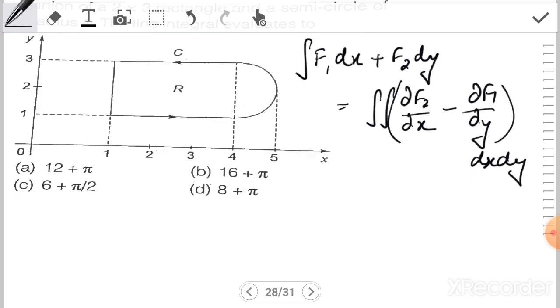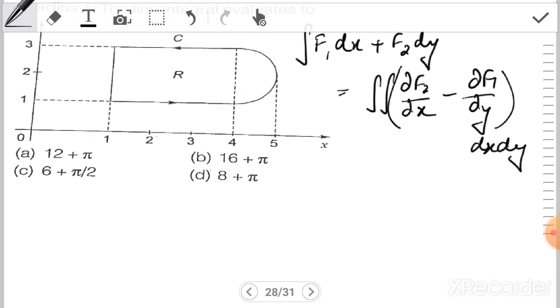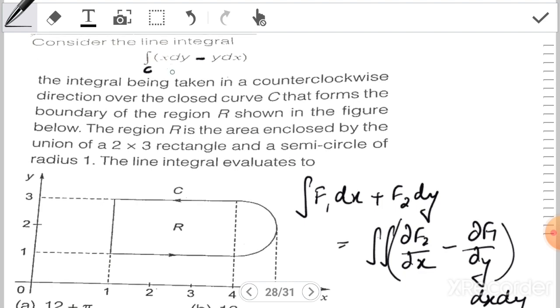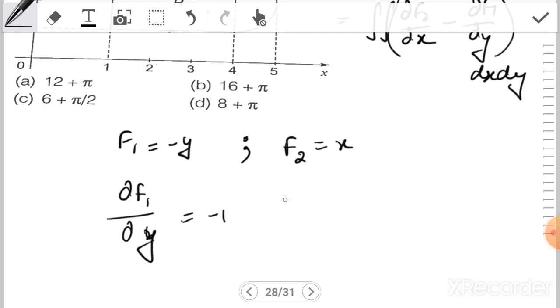Here f1 is minus y and f2 is x. So del f1 by del y is equal to minus 1 and del f2 by del x is equal to plus 1.